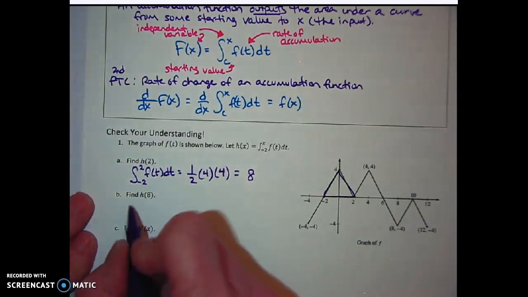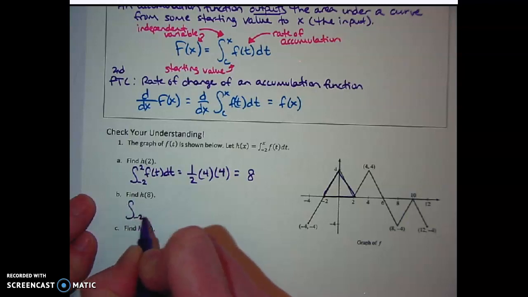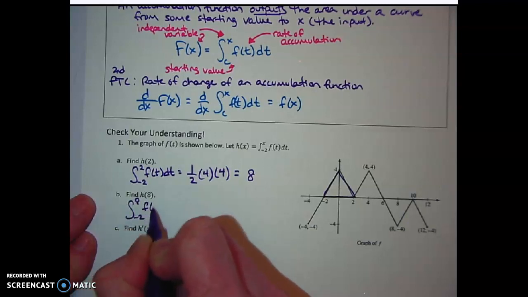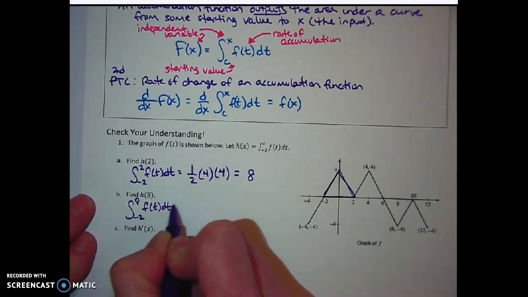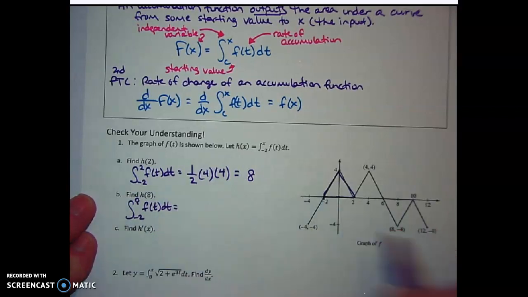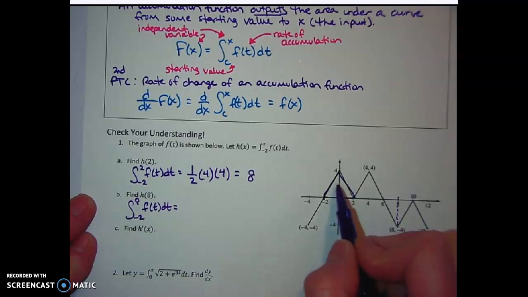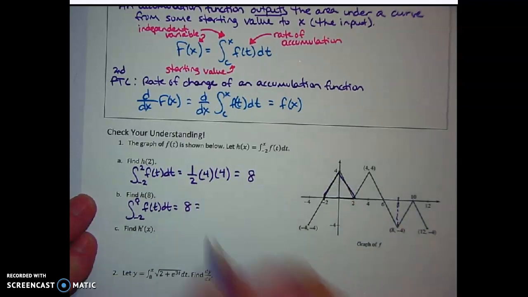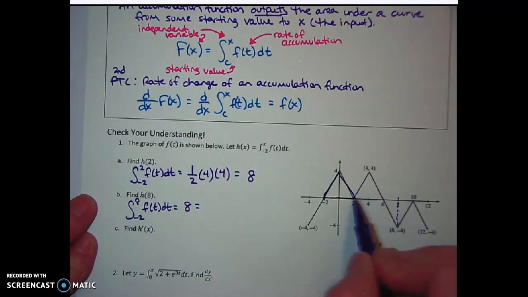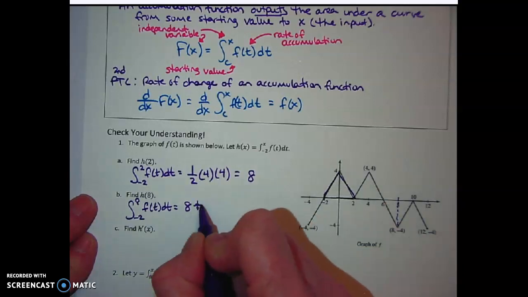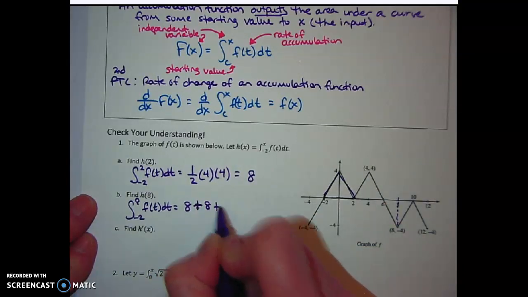Number 2, find h of 8. So again, we're going to go from negative 2 to 8, f of t dt. So now we're going from negative 2 all the way to positive 8. So we have this triangle. We already found the area of that was 8. This one has the same base and the same height. Oops. So that one's going to be plus 8.